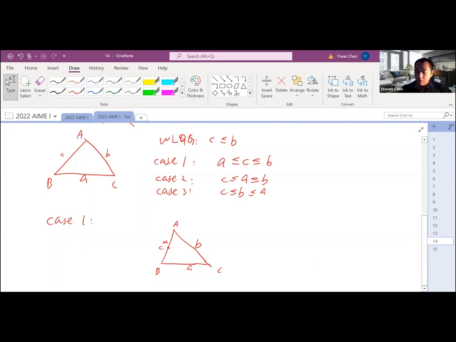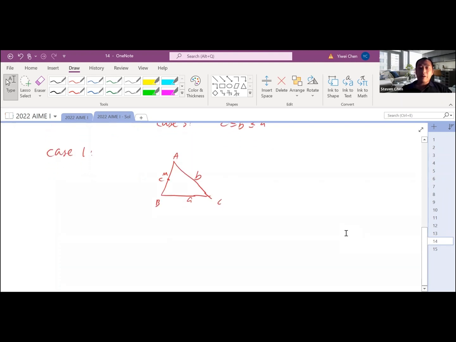Now I want to draw the following auxiliary line. Let's look at line AC. I would like to unfold BC to make B fall onto line AC. Let's rotate BC around point C so it lies on the same line as AC.